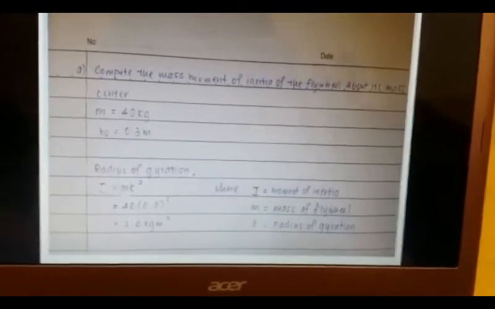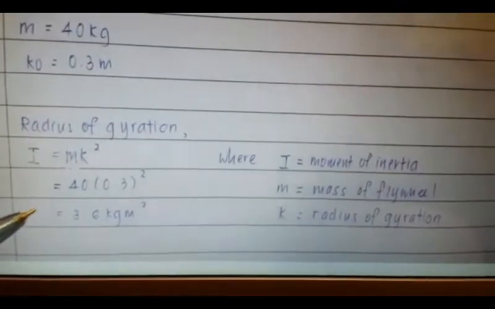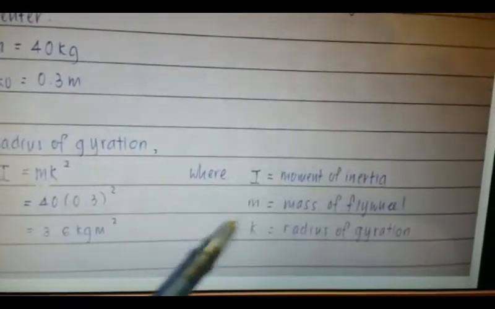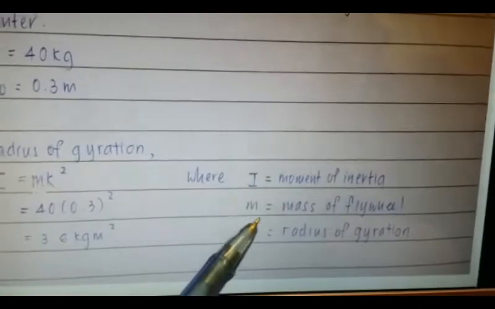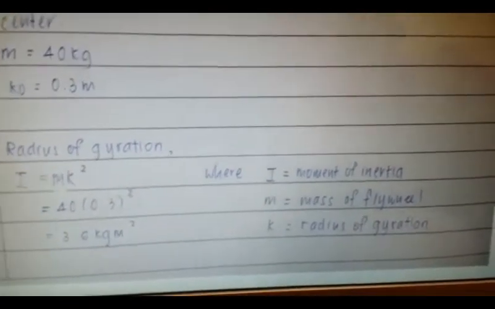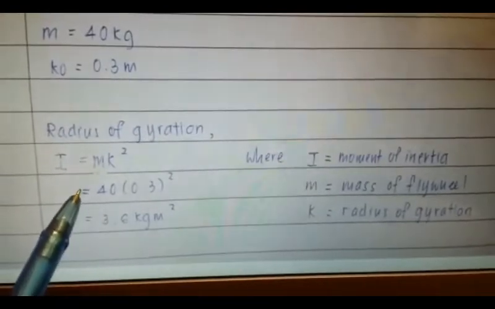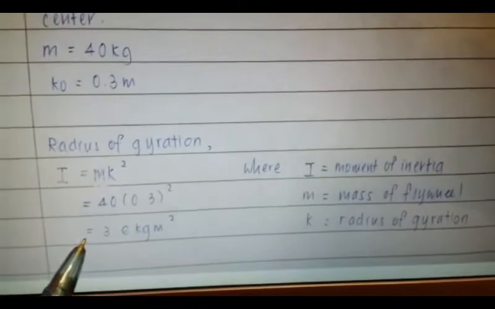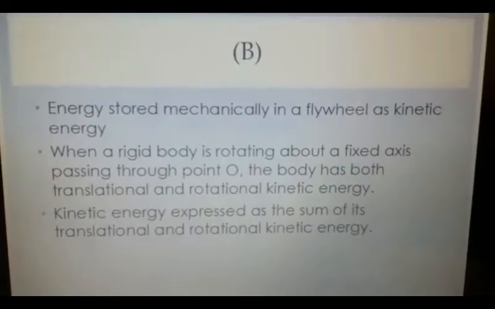For the formula we use I equals m k squared, where I is the moment of inertia, m is the mass of the flywheel, and k is the radius of gyration. After substituting the given values, we obtain 3.6 kilogram meter squared.